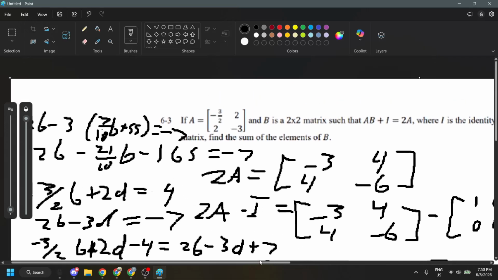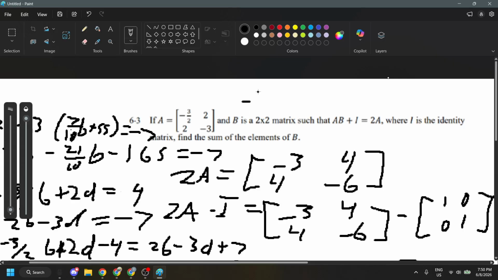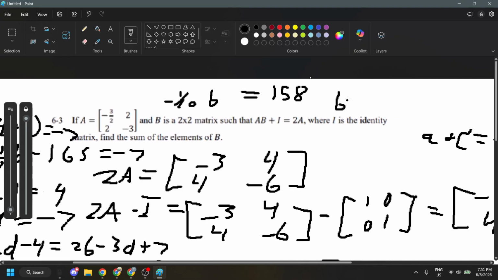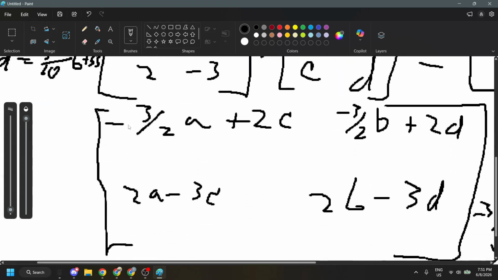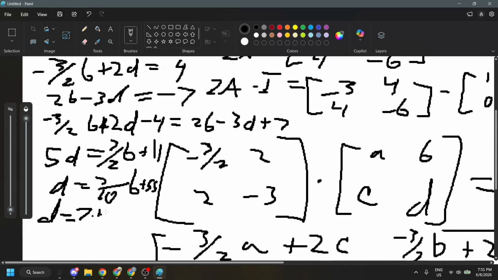Okay, so this is negative 110b is equal to, add this to both sides, 158. So b is equal to 1580. That means that d is equal to 7 times 158 plus 55.